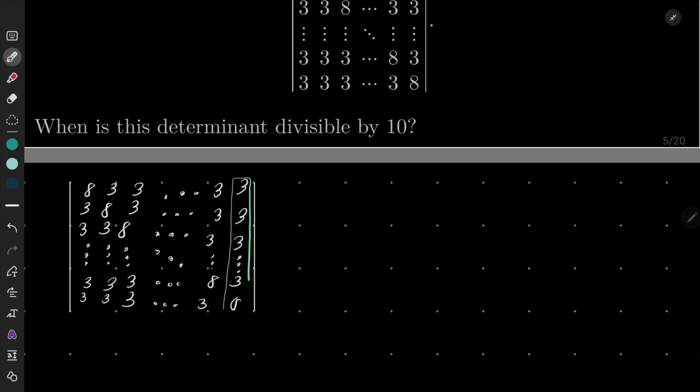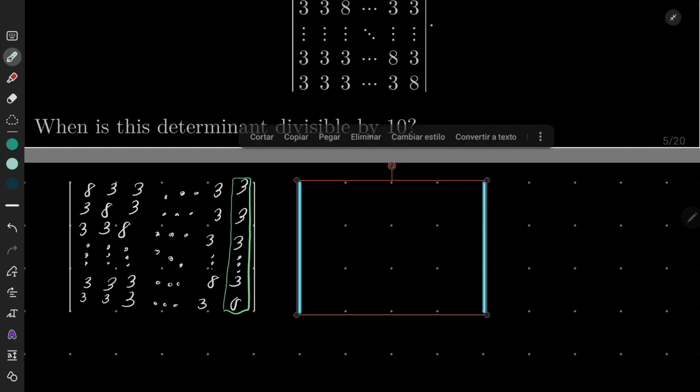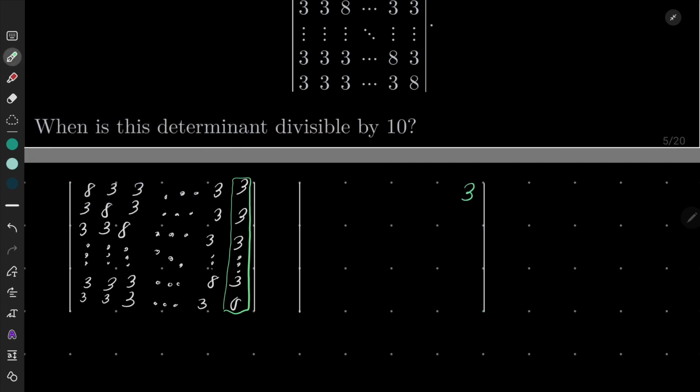Now using this column, I will multiply it by -1 and add it to every other column. And what happens if I do that? The last column will stay the same. I will write it in green.